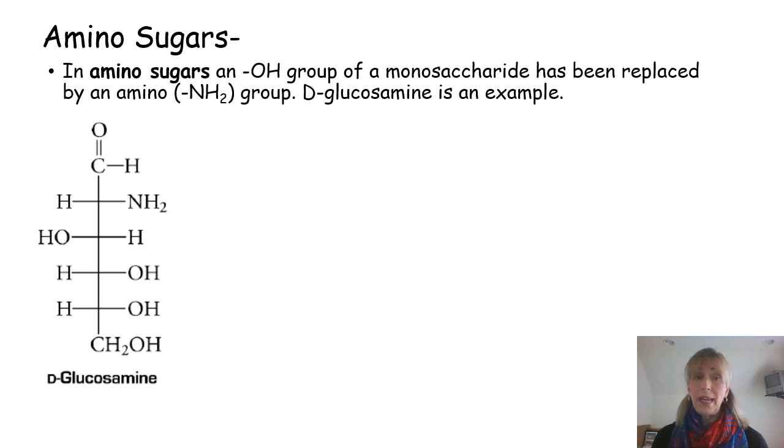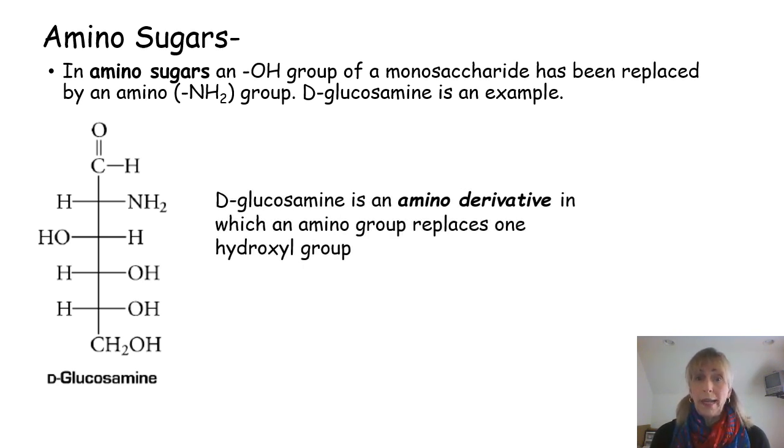So it's simply a glucose molecule in which, notice, we have taken and replaced a hydroxy group on glucose with an amine, and we have D-glucosamine. Okay, it's an amino derivative in which the amino group replaces a hydroxyl group of the original monosaccharide, in this case, glucose.